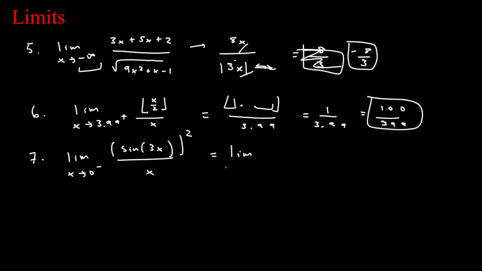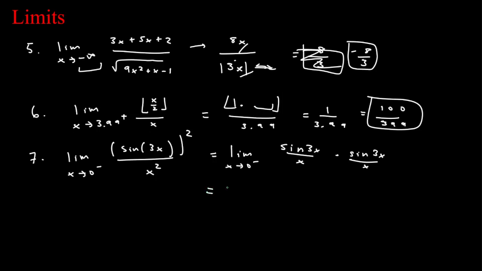So limit as x tends to 0 from the left side, we can simplify this to, oh, this is squared, sine 3x over x times sine 3x over x. Now, we are told that the limit of sine x over x is 1. Nothing about sine 3x over x, but we can still manipulate this in a way that will get us our answer. How so?